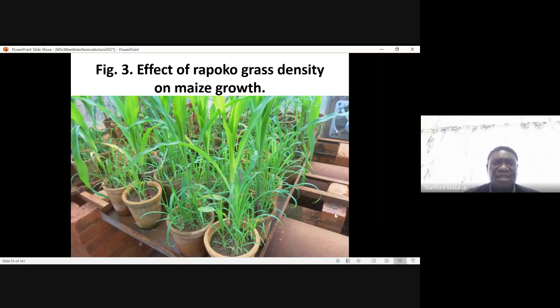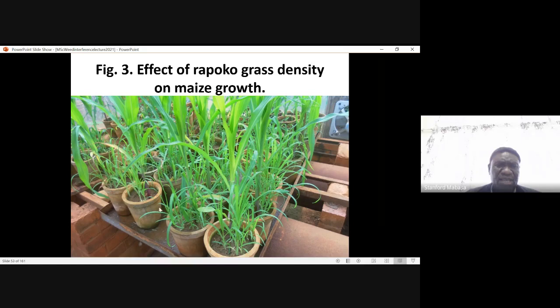This slide, which you are seeing, is an example of an additive experiment where we were determining the effect of Rapoko grass on the maize. So we varied the Rapoko grass density and we were measuring the effects on the maize crop. And this can be done using pots.